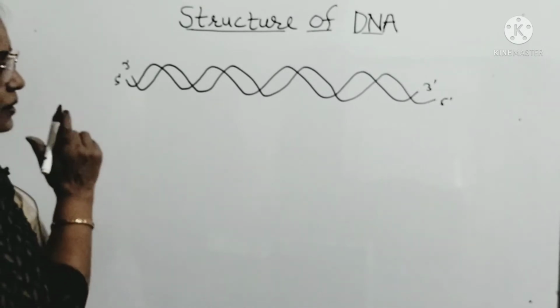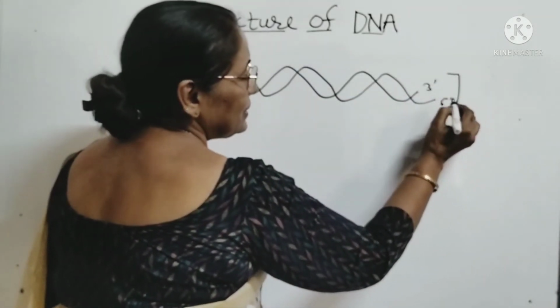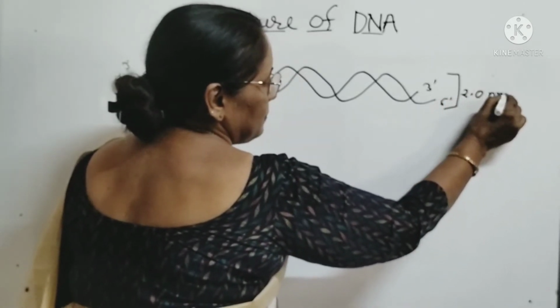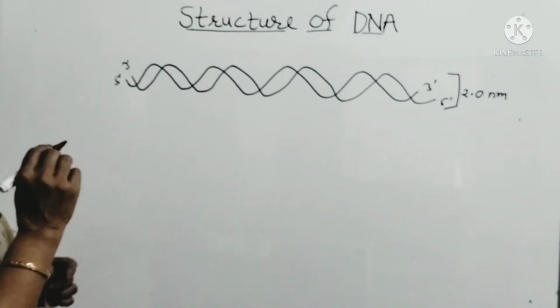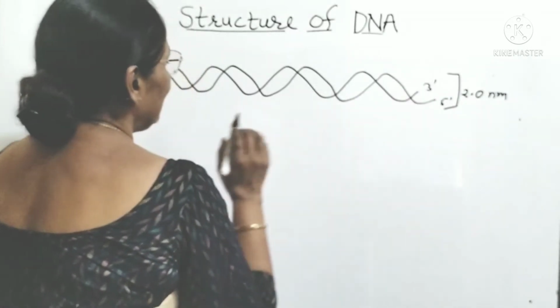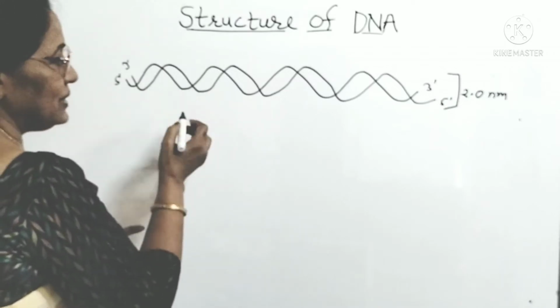Good. Now this width is 2.0 nanometer. The width of DNA is 2 nanometer, and what is 1 complete turn? Take any one strand.